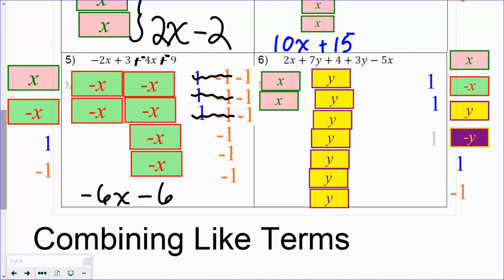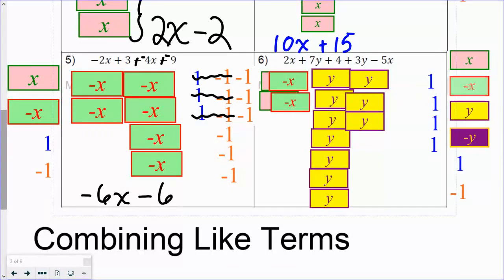All right, next I have 4 ones. 2, 3, 4. And then 3 more y's being added. 3. And a negative x. So this negative x is going to cancel that positive. So both of those are zeros. So I'm only really left with my 3 negative x's.